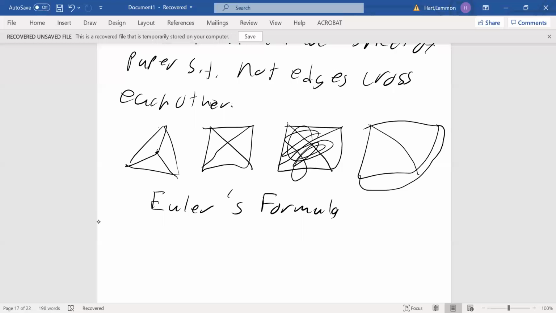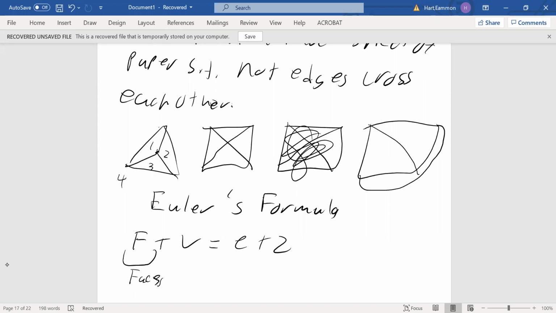There's a bunch of different Euler's formulas, but this is the one that we will talk about in the context of graph theory. So that's F plus V is equal to E plus 2. F is the number of faces. In this case, right here, we have 1, 2, 3, and then we also have the outside face, so we have 4.